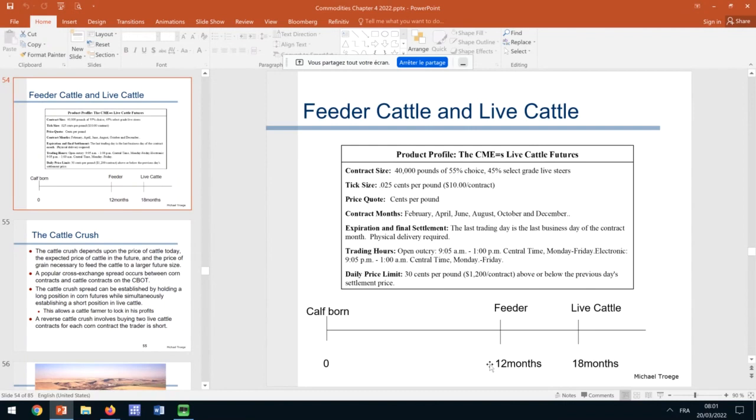Obviously these prices need to be somehow correlated. If the feeder calf becomes more expensive, we would expect that at least 6 months later, the live cattle become more expensive also. But the difference between the feeder and the live cattle also depends, of course, on the price of the food that you have to give to these animals so that they reach the slaughtering age.